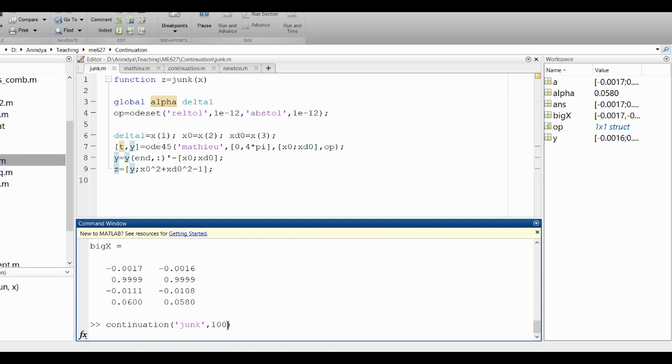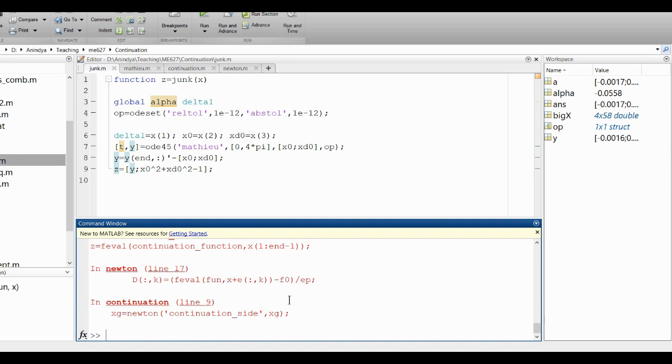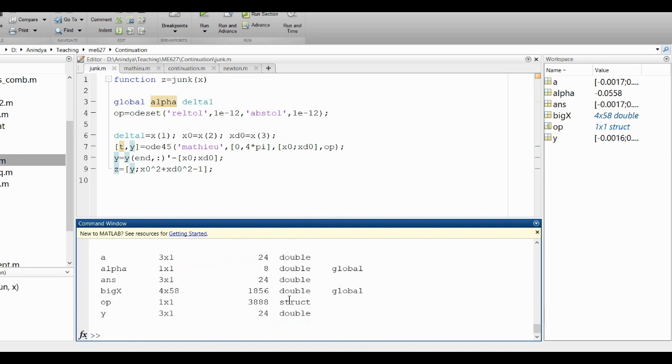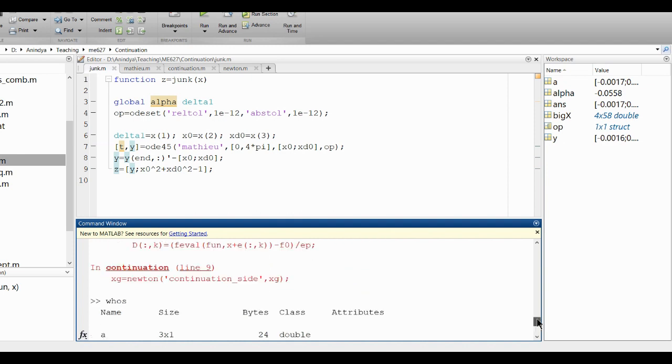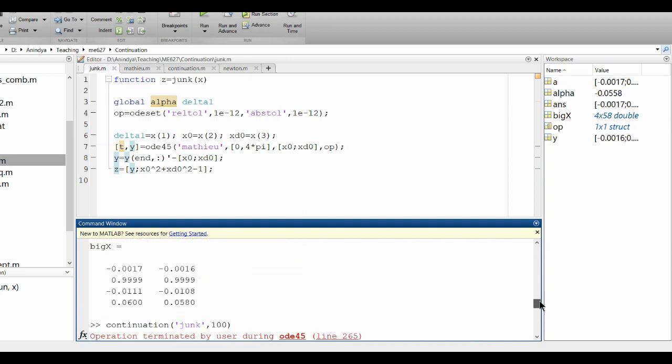Maybe I need not have done that many. If I stop it, I'll still get an answer. So let us say I've got 58 points. That's not very bad. Okay, so now let us look at these points.